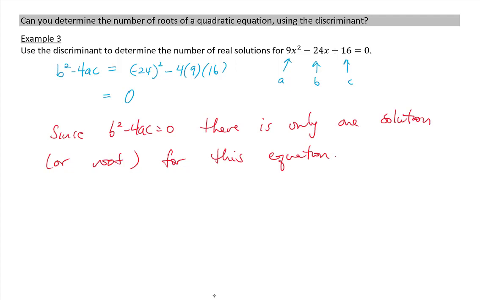And this means that if you had a graph of this parabola, it would be a parabola that opens up since the a value is positive, and it would only touch the x-axis at one point. So there is our one solution.